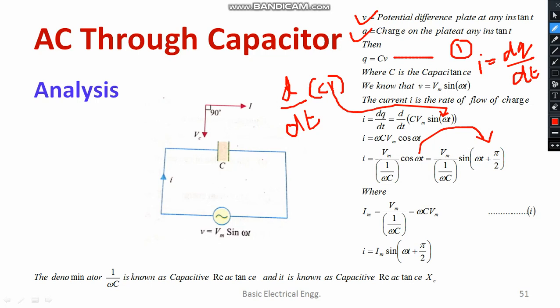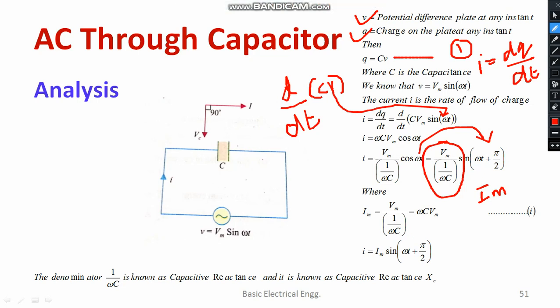Or else we can write Im is equal to Vm divided by 1 by omega C, where Im is the peak value. Hope you are understanding. So therefore we can write I is equal to Im sin omega t plus pi by 2, replacing Vm by 1 by omega C with Im.